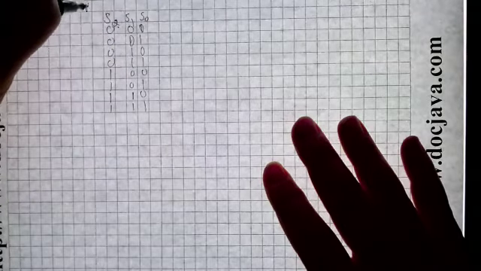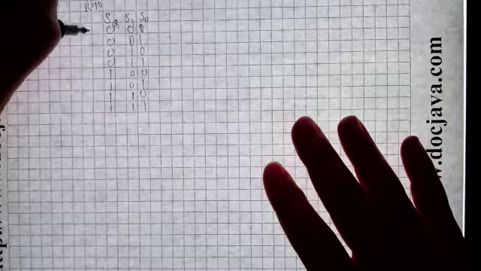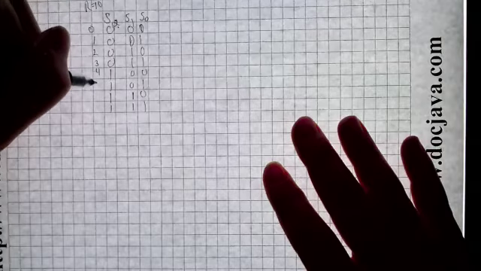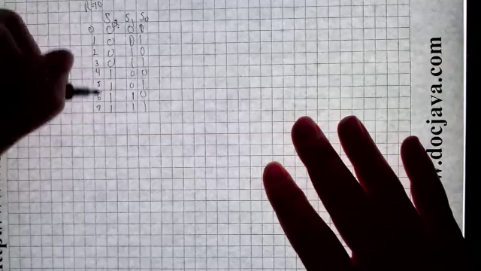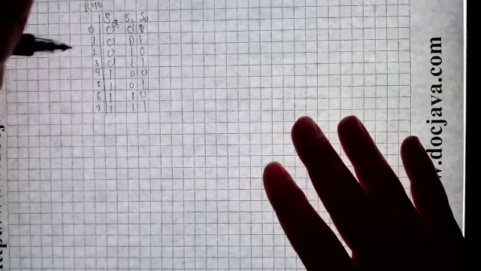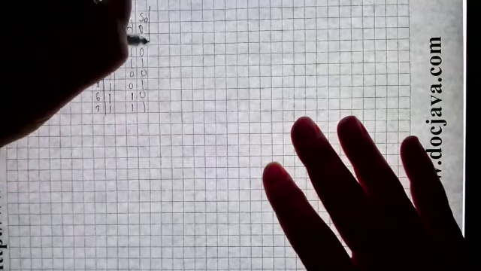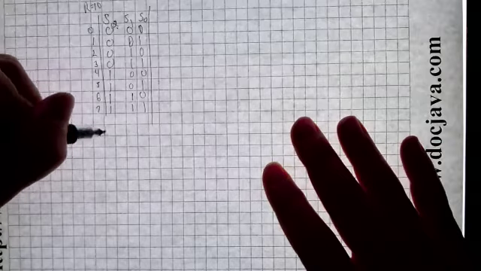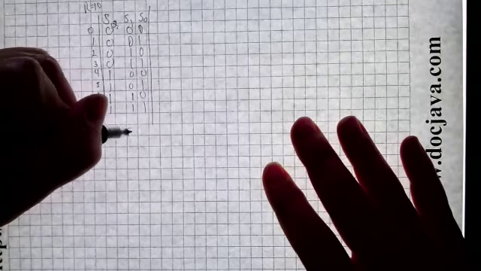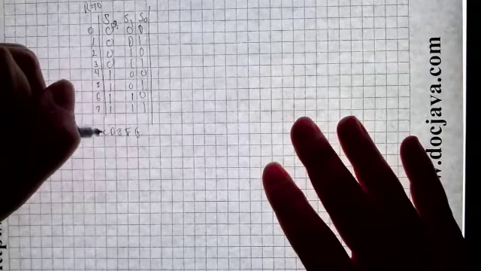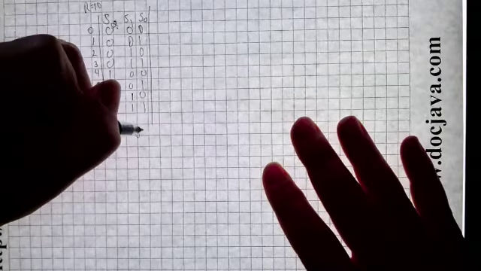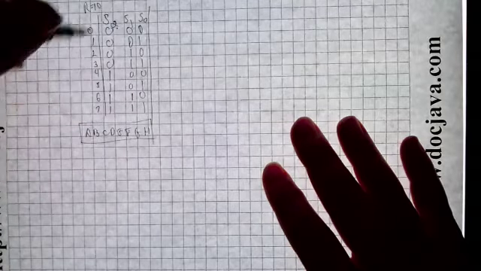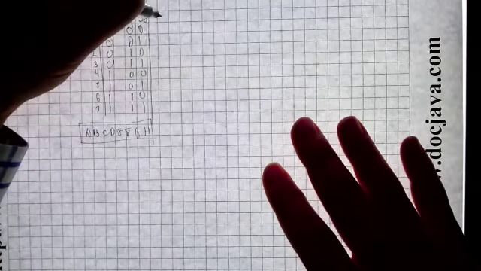If you number it, this is the number of bits you're going to shift. If the inputs are A, B, C, D, E, F, G, H, then when it's 0, you're not going to shift at all.